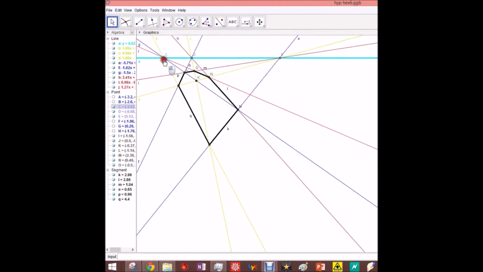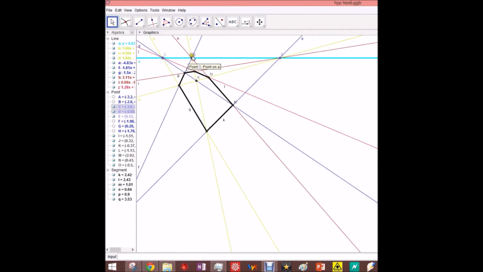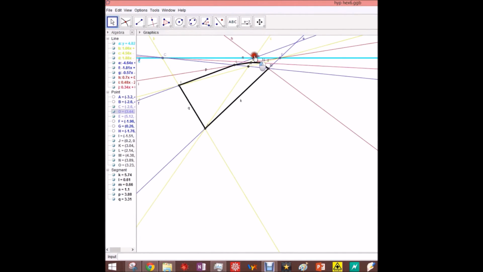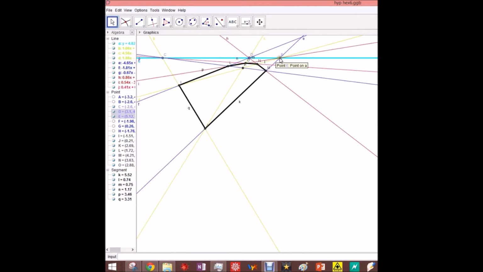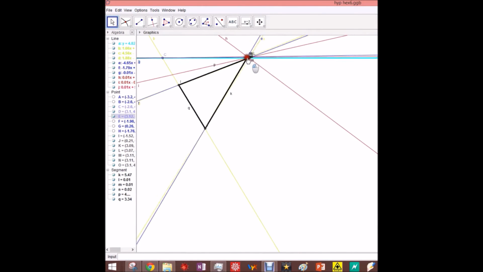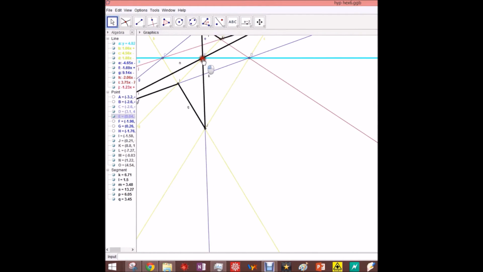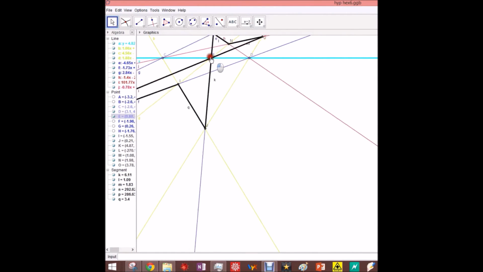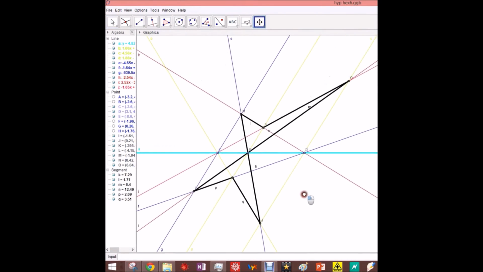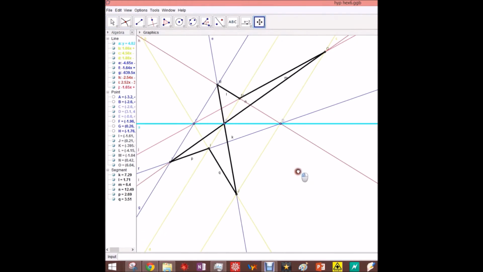And you can see that the fundamental elements of this basic construction stay the same as we move these points around, even as we flip them over. You can also see some interesting things about infinities. When you flip something over, you'll see a point float off through one side of the plane and reappear at the other side of the plane.